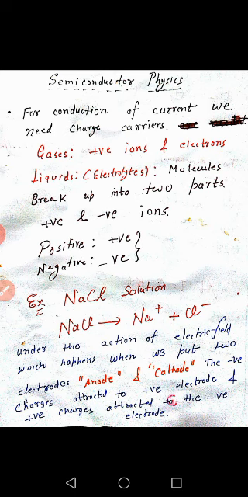So let us discuss the conduction of electrons in various kinds of materials. Here I am using handmade slides, and whenever it is required to write something, we will do so accordingly. For conduction of current, charge carriers are needed.